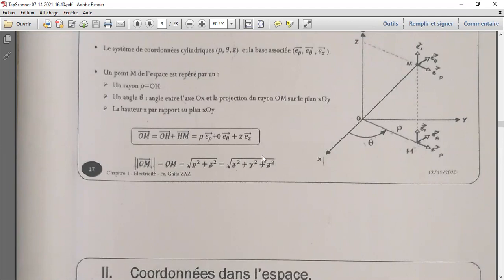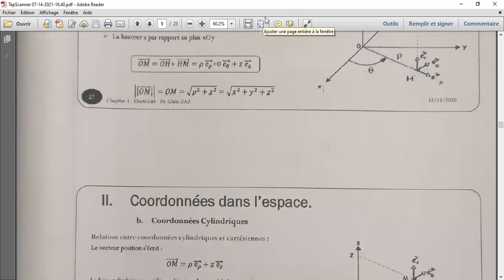To find it, I know you remember the Pythagorean theorem is the square root of x squared plus y squared. Then I just add a Z squared, because I'm doing 3D, which is cylindrical coordinates. So you are just adding the Z everywhere, and there's nothing really complicated.